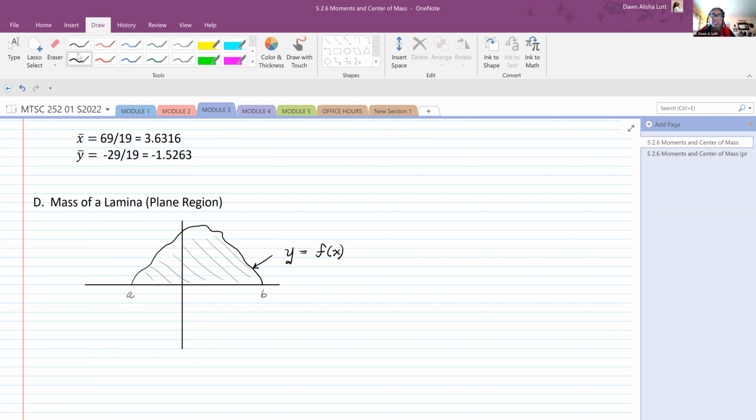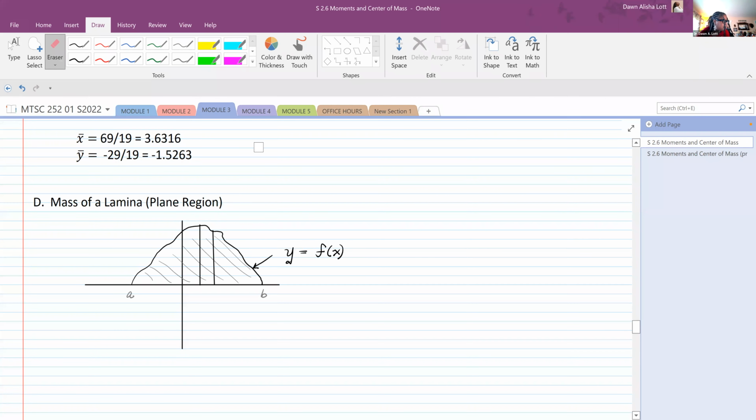So now you can see I have a region enclosed by the x-axis and the function y equals f of x. I'm going to do the same thing I did before, but this time I'm going to take a region that looks like this, and find the average of this region.